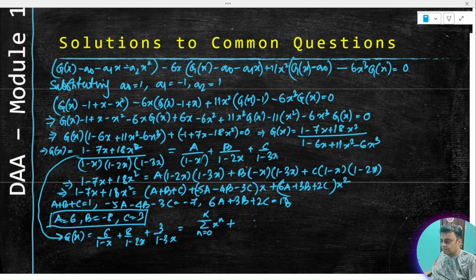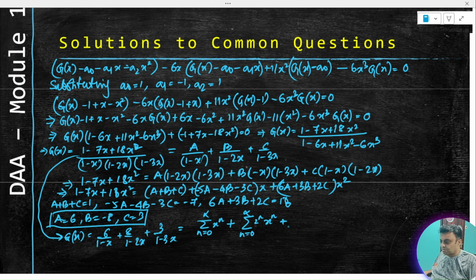And then we have 1 by 1 minus 2x as sigma of n equal to 0 to infinity 2 to the power n x to the power n, just similar to the last problem. And then we also have 3 here, 1 minus 3x.